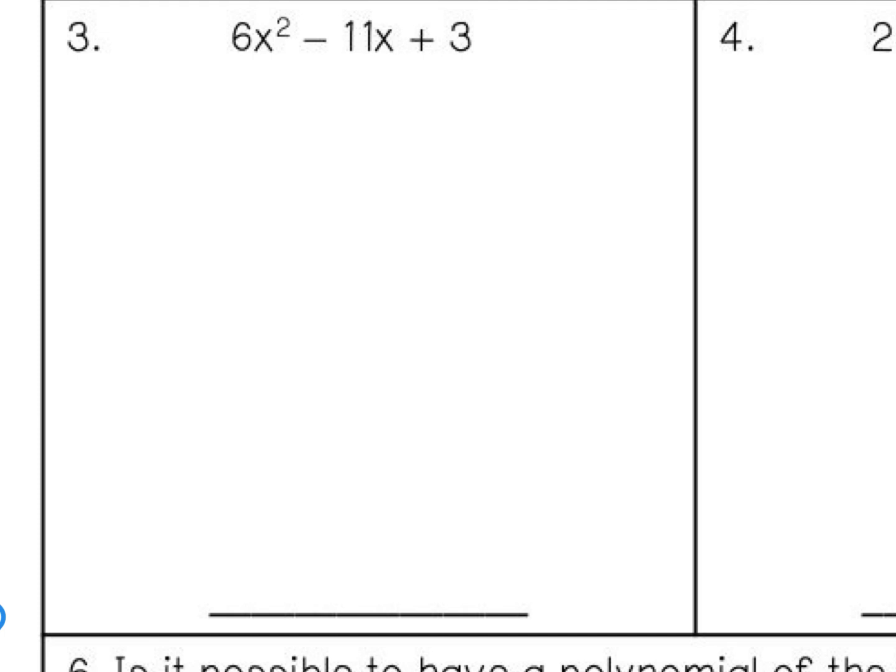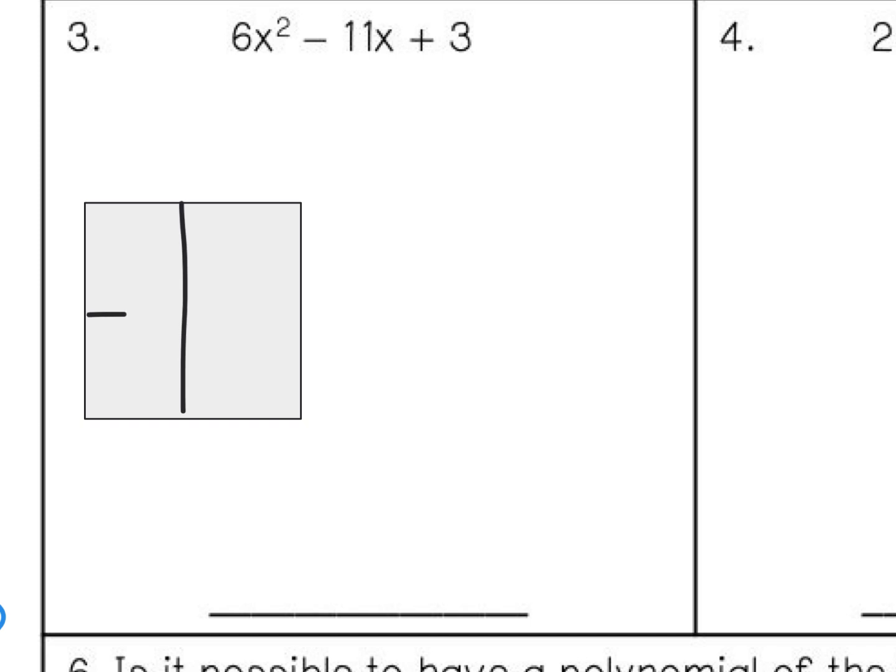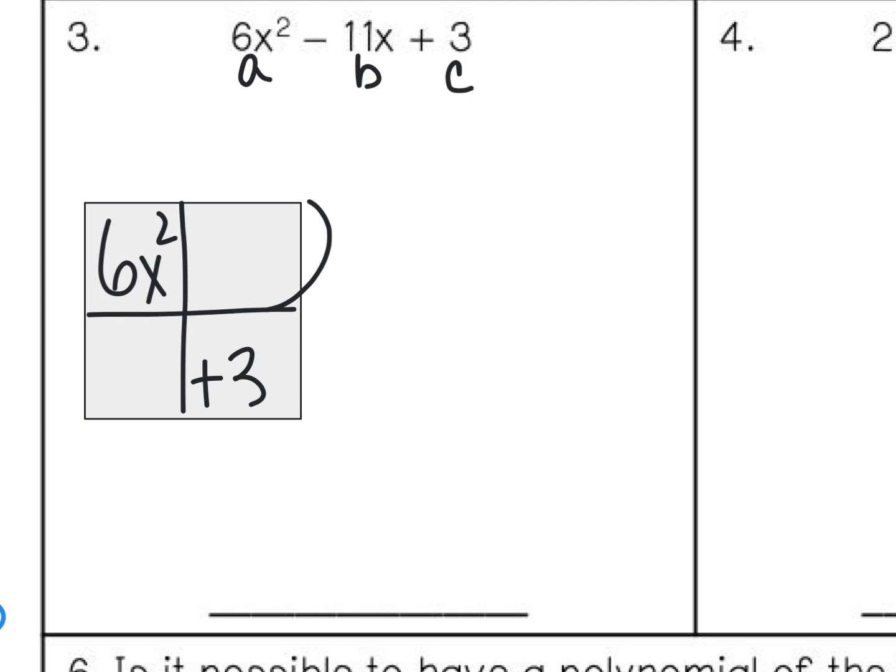All right, so on this one, we just need to pay attention to our signs. Start with, do we have a GCF between 6 and 11 and 3? No. If that 11 was a 12, then we would, but it's not. So we're going to set up our box. Remember, we have A, we have B, we have C. 6x squared, positive 3. Together, these need to equal that negative 11x.